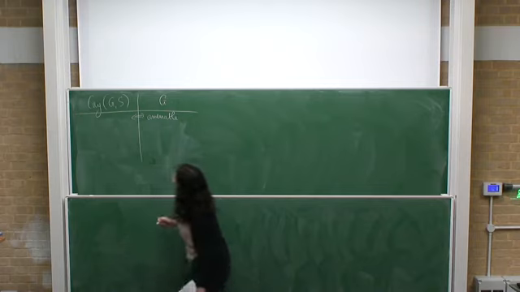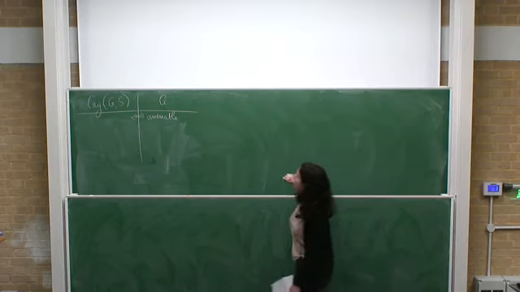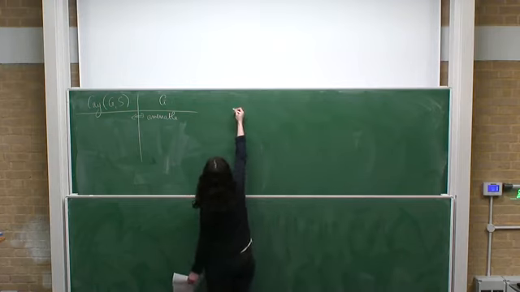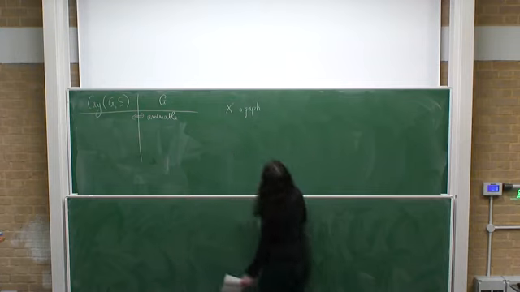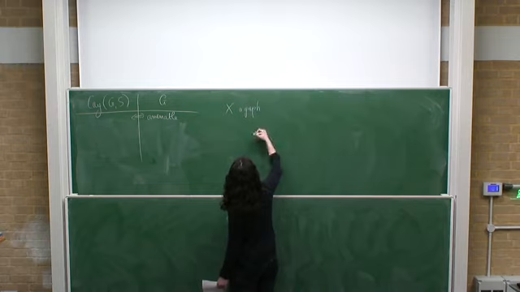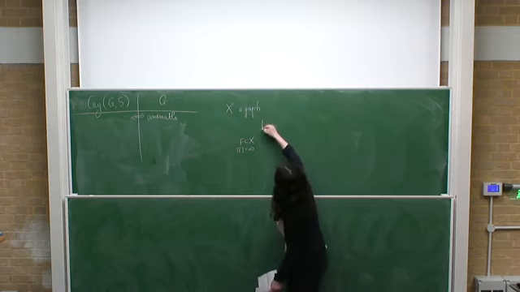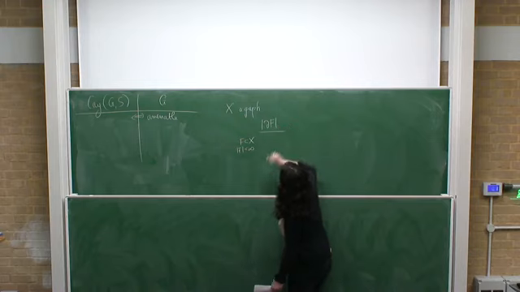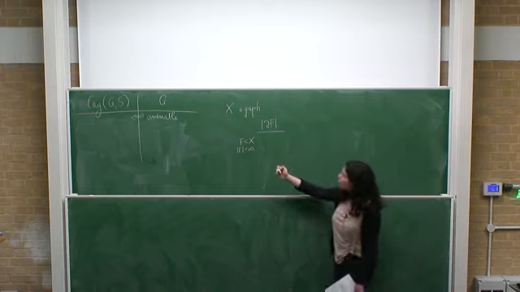Amenability is equivalent in the geometric world to the Cheeger constant of your Cayley graph being 0. So I'll just remind you what the Cheeger constant is. If you have a graph X, you can look at a finite subset F in X, and you can look at the boundary of a subset of vertices, so all the edges that you have to cut through to remove F from your graph.